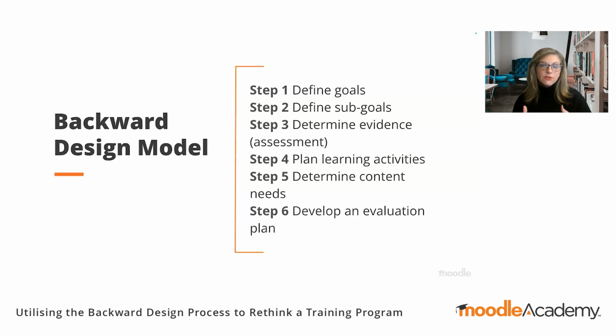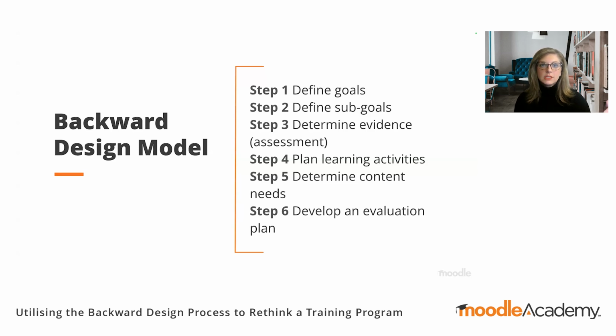One of the things that you'll find with the backwards design model is that you can go back and make adjustments to the steps along the way, and they can also be repeated. That's another thing we'll talk about later when we discuss the process that was used with this government agency.